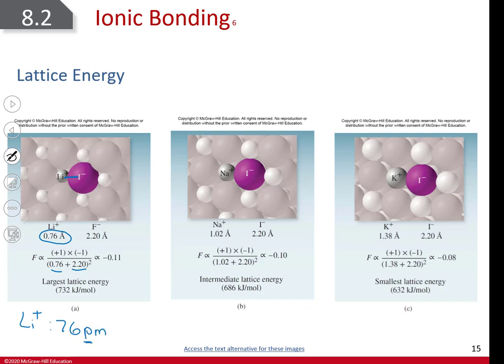What does the prefix p stand for? Pico, right? Pico means 10 to the negative 12, so 1 picometer is 10 to the negative 12 meters, 1,000 times smaller than a nanometer. This little funny looking A here is called an angstrom. An angstrom is 10 to the negative 10 meters, so compared to picometers, it is 100 times bigger than a picometer.